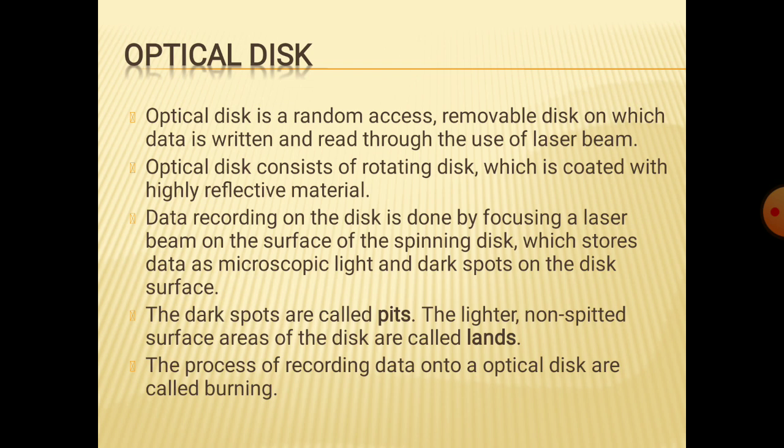That process was called recording, and recording the data into your optical disk is called burning. Remember this word burning for 1 mark. The process of recording the data onto an optical disk is called burning.